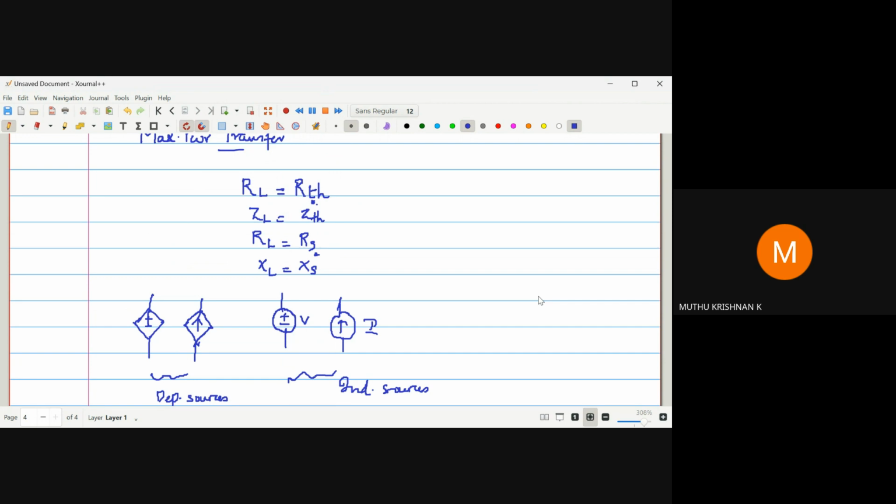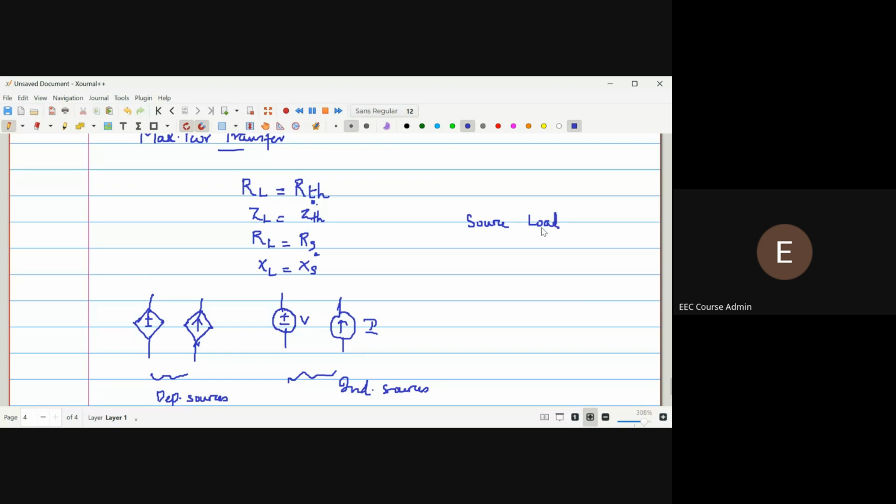But for maximum power transfer, why do we say that this load resistance should be equal to the Thevenin resistance or the source resistance? Actually, here the simple way to answer what you have asked is that we are applying the Thevenin part to the source part only, correct? Yes, ma'am, the source side connected to the load side.